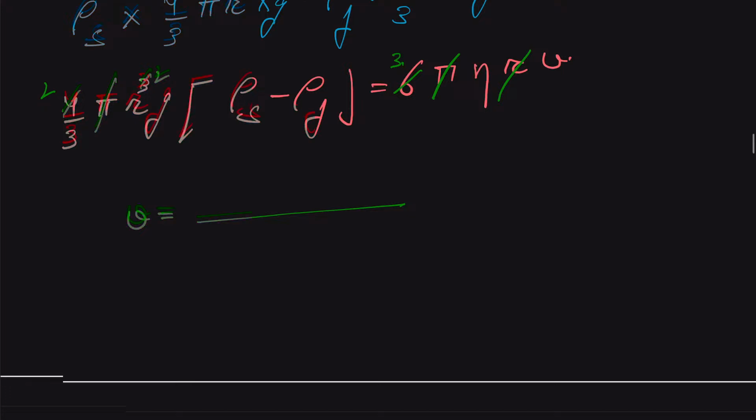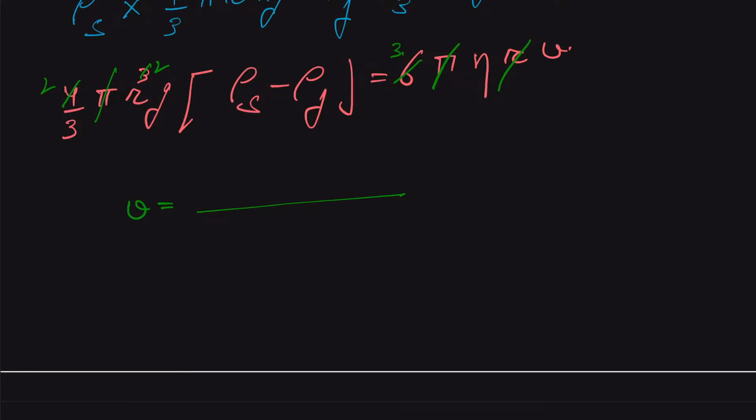Therefore we get the velocity equal to 2 r square g times the difference between the densities, divided by 9 and the viscosity constant.